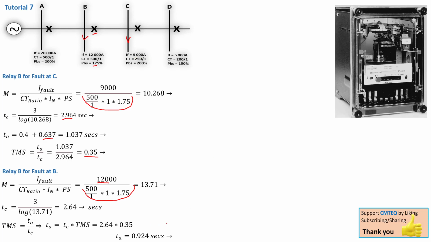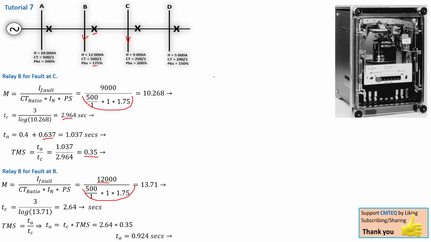But the 0.9, which is less than a second, is for this bus bar B that got a fault current of 12,000 amps. So this is how they do the discrimination. The higher the fault, the less time it must take to trip. The smaller the fault, the longer the time it must take to trip. That is where these differences are coming from. Now let's move on and finish off.